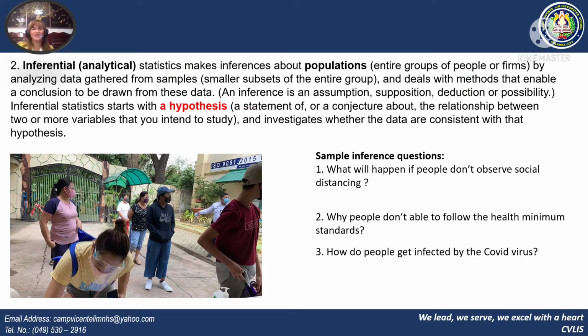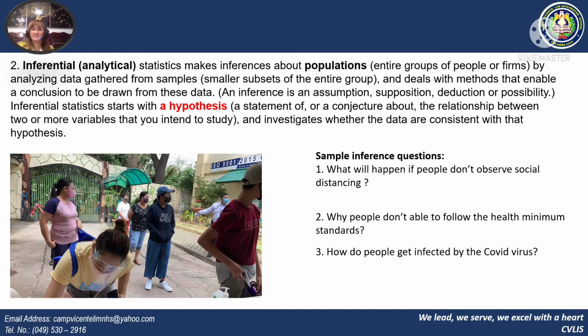And next, we have the inferential, or what we call the analytical statistics. Okay, so this makes inferences about populations or entire group of people or firms by analyzing data gathered from samples or smaller subsets of the entire group, and deals with the methods that enable a conclusion to be drawn from these data.